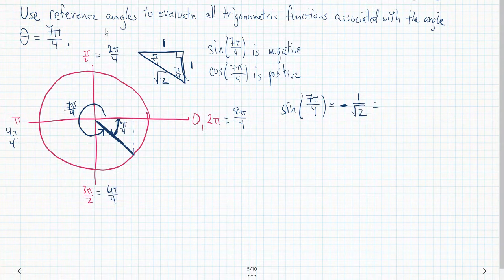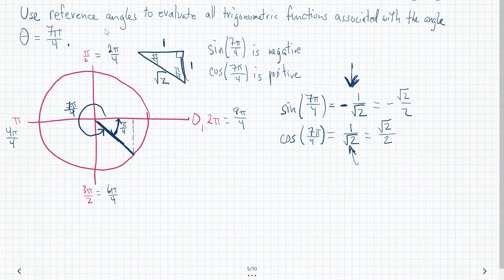And another way we could write this, if it was a unit circle, is negative root 2 over 2 as our y value. Cosine of 7 pi over 4 is the same thing as sine because it's the same reference angle. Only difference is it's positive now. So this is 1 over square root of 2, which is the same thing as square root of 2 over 2.